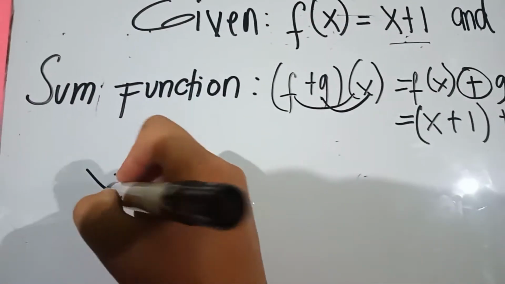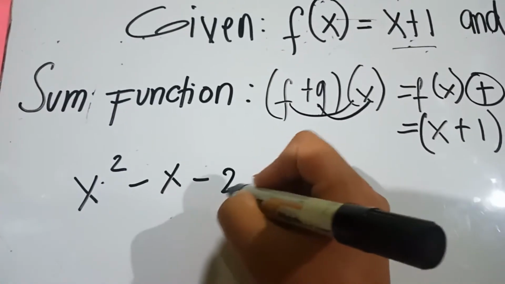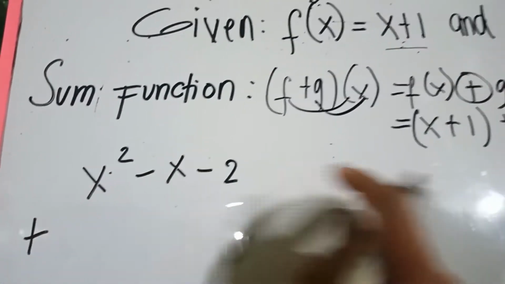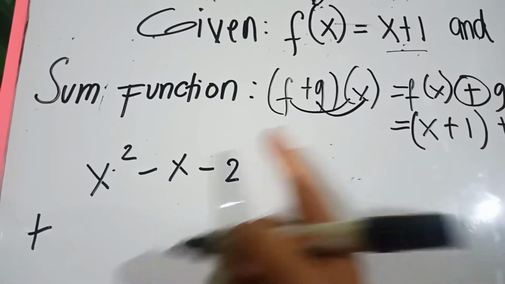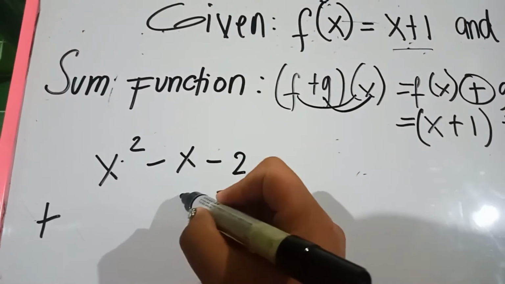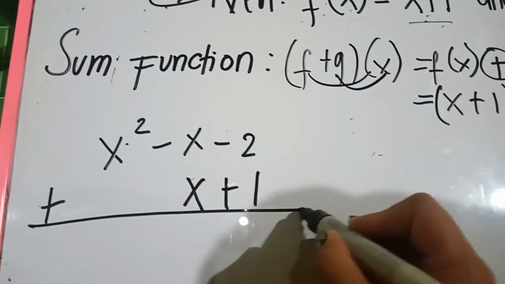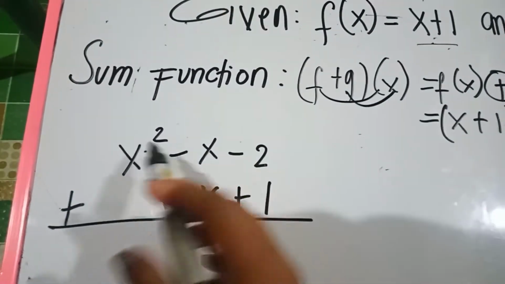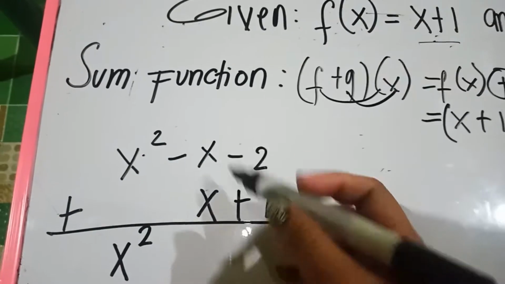So, we have, scratch, x squared minus x minus 2, and then plus f of x, so yung like term ni x is this one, i-align natin siya, plus x and then plus 1, which is the constant term.